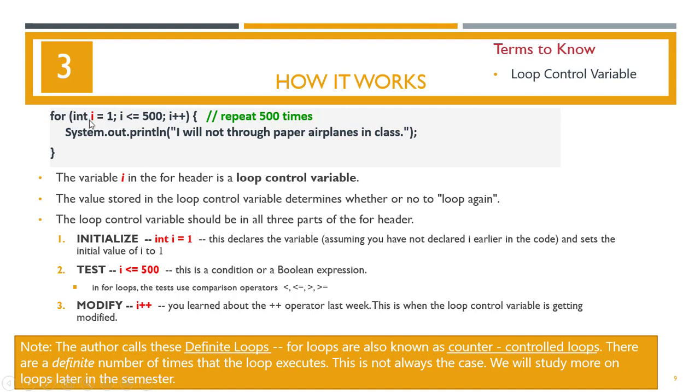Okay, so as we're going through the loop, let's say it's the first time through the loop. I'm going to have a variable i. It's going to be 1. That's true, and it doesn't do the update yet. First time through the loop, it does the first 2 items. Well, that's true, so it will print out, I will not throw, blah, blah. Okay, it loops back up. Now, every other time but the first time, it comes over here to the i++, and it does it.